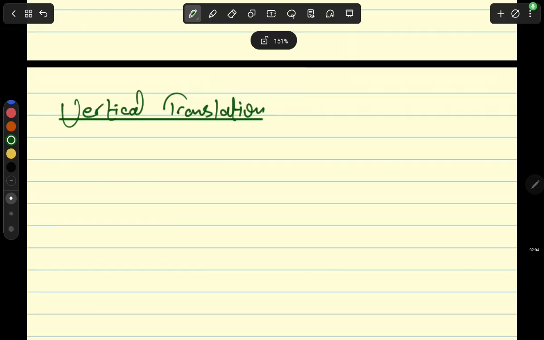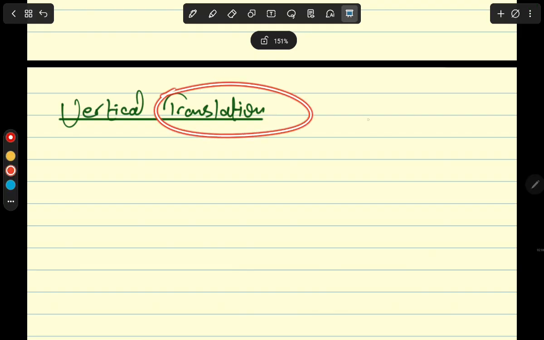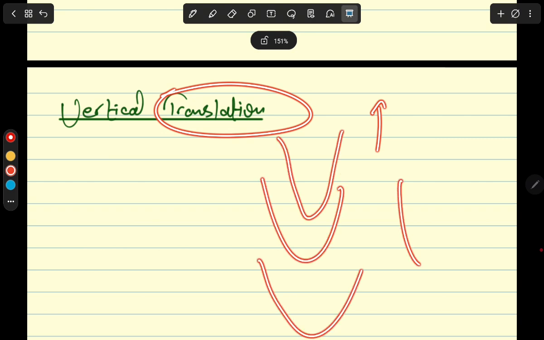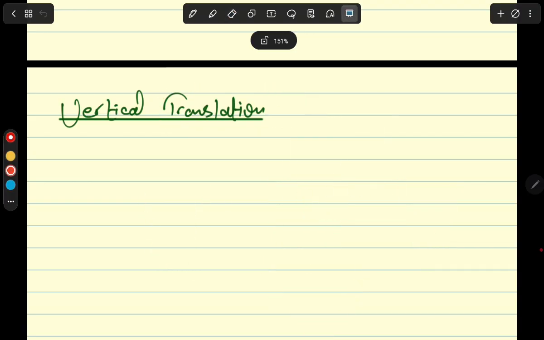So whenever we talk about translation, make sure that we are just talking about movement. So the graph just moves up, or it moves down, or it moves right, or it moves left. So this is just vector movements. So this is just movement.